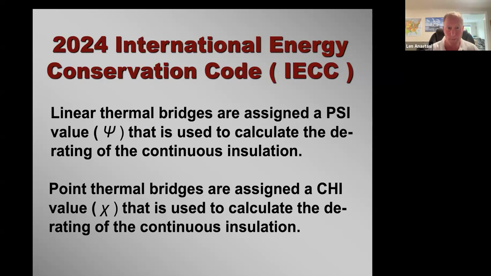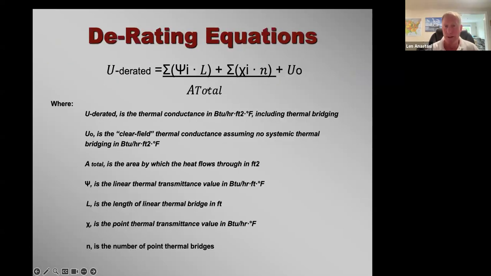So here's the derating equation that's in the code that you have to use. I know that whenever you see a math equation that doesn't have any numbers in it, eyes glaze over, but I'll try to explain this to you. It's actually not that complicated. To get your U derated for your U factor, and they do switch back and forth between R value and U derated, it gets a little complicated, but I'll try to clean that up for you. So basically, this is epsilon.